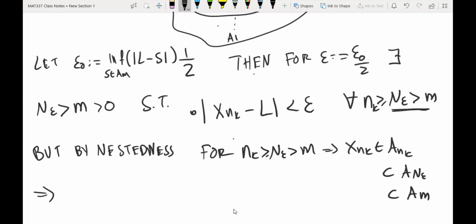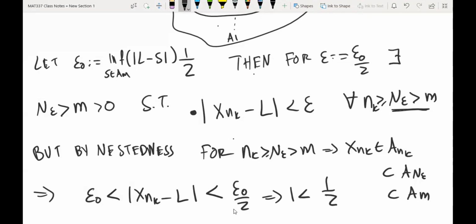So putting these two together, we get epsilon naught is less than |xnk minus L|, which is less than epsilon naught over 2. So the usual contradiction.